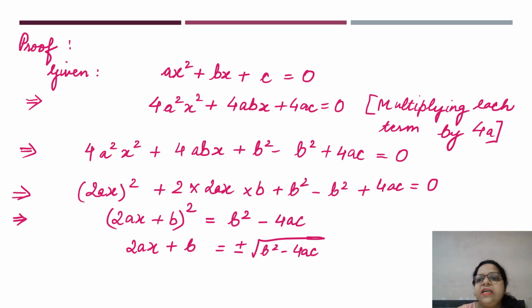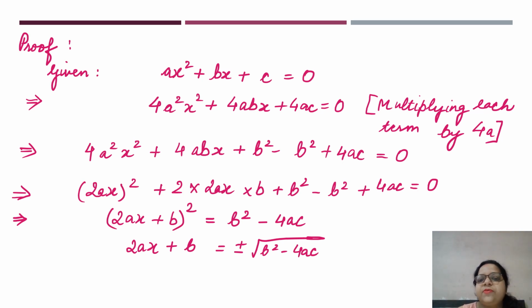So we multiply each term by 4a, on the left hand side and on the right hand side also. Okay, so on the left hand side what we get is 4a square x square plus 4abx plus 4ac is equal to 0.